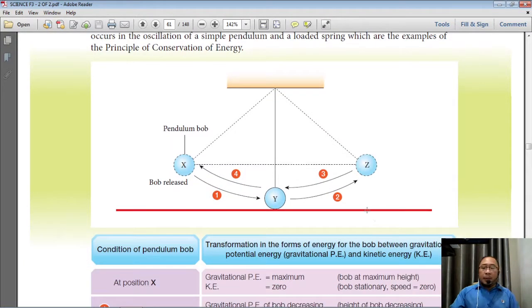So this simple example will tell you about the principle of conservation of energy.